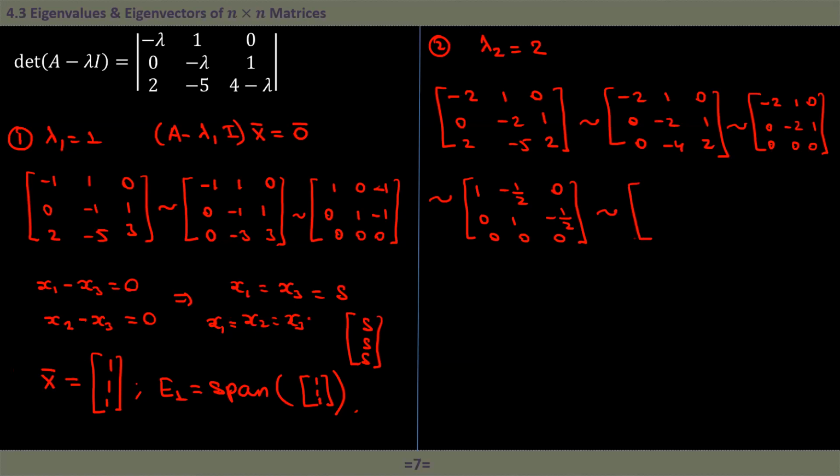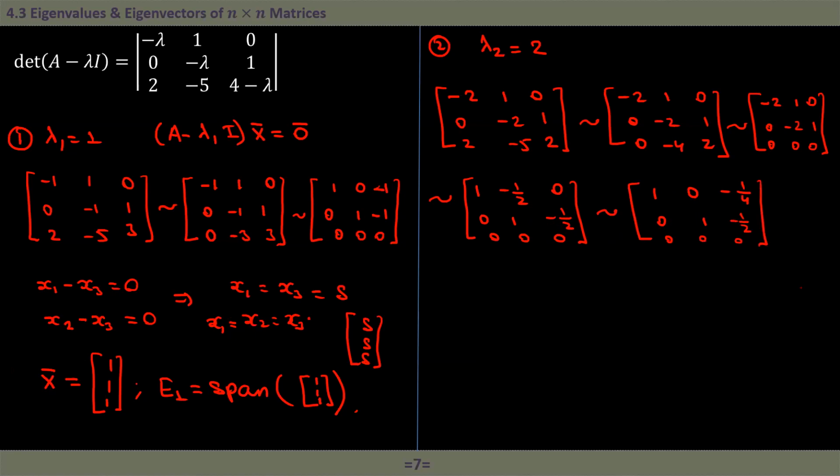Okay, one more, and multiply the second row by 1 over 2 and add it to the first row. Here we have 1, 0, and multiplied by a half, that is minus 1 over 4. So here we have minus 1 over 4, here we have 0, and here we have 1, minus 1 over 2, 0, 0, 0.